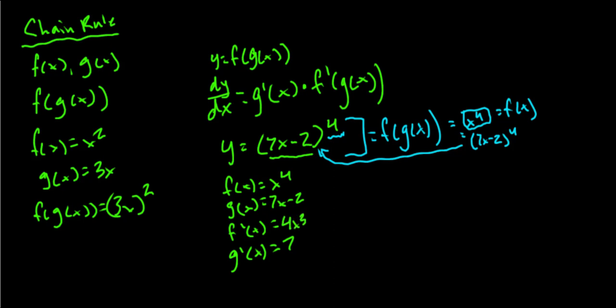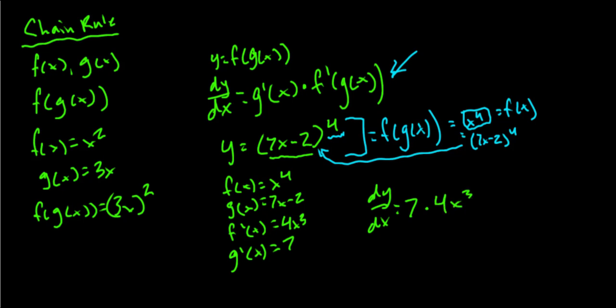So now that we have everything, let's go back to our arbitrary definition, the one that we have right here, and start plugging in some numbers, right? So we have dy dx is equal to 7, that's our g prime of x, times f prime of g of x. So we know that f prime of x is 4x cubed, right?